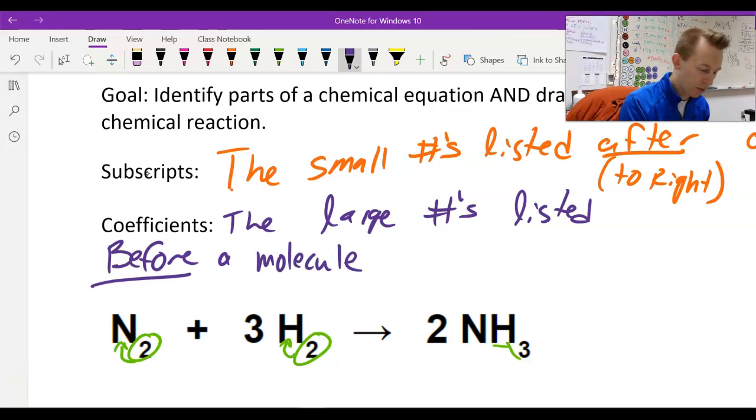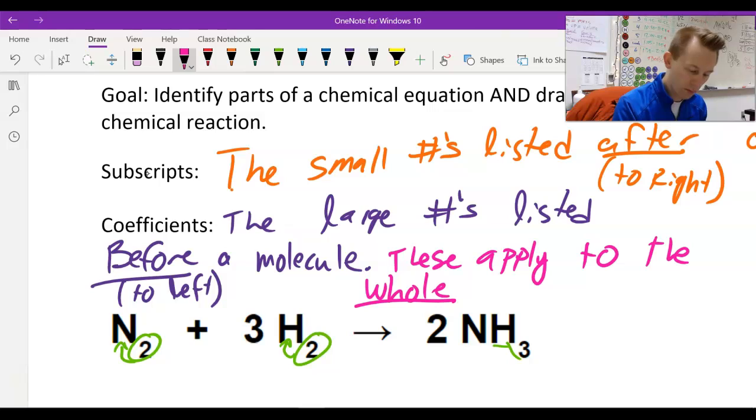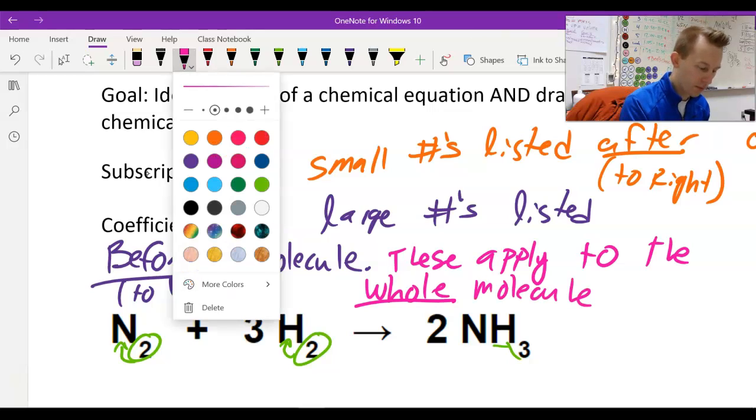Okay, before or to the left of a molecule, and these apply to the whole molecule. Okay.